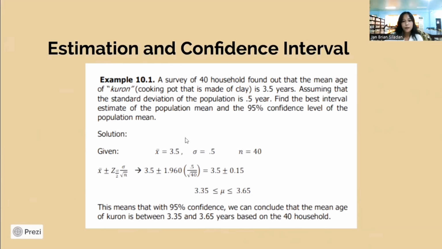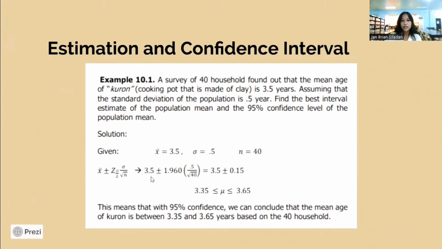The givens are: mean is 3.5, standard deviation is 0.5, and n equals 40. The formula is mean plus minus z alpha over 2 times standard deviation over square root of n.